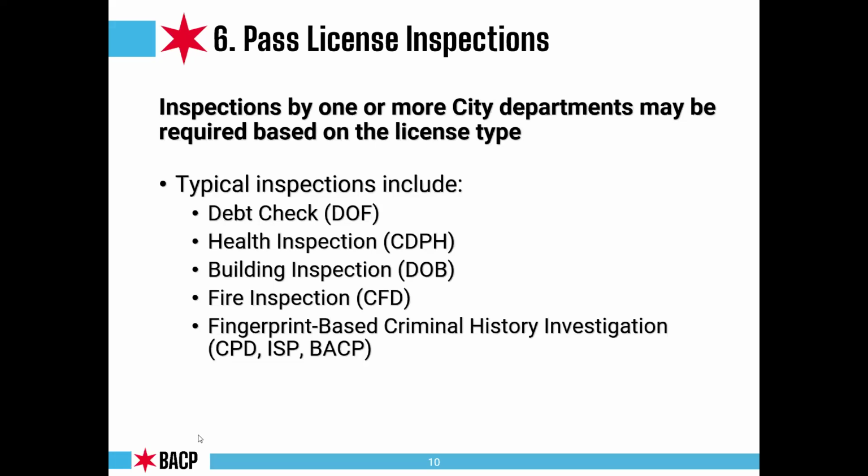Now, to touch on license types briefly, your business and its activity will call for either a limited business license, what we call an LBL, or a regulated business license, an RBL, or a specialized license. The most common license issued is an LBL.